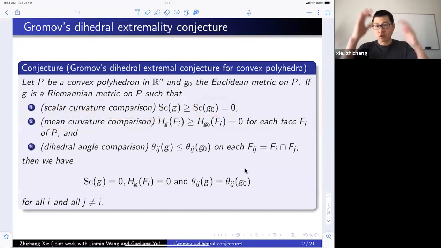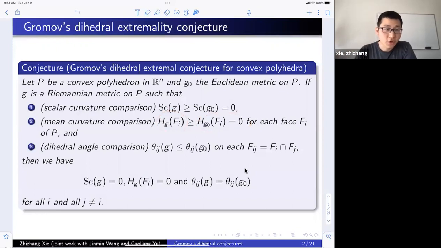Mean curvature means how the boundary is curved relative to the domain. And you have that the mean curvature of the new metric on each face is greater than or equal to the mean curvature of the original metric, which is supposed to be flat. So it's again mean curvature 0.